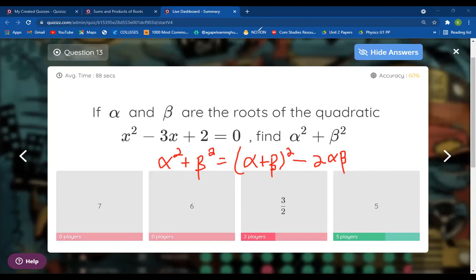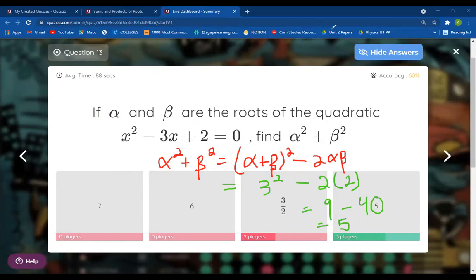So remember that. Alpha squared plus beta squared equals alpha plus beta squared, that's 3 squared, minus 2 alpha beta. This was the question from before. Alpha beta was 2. So 3 squared is 9, minus 2 times 2 is 4. 9 minus 4 is 5. Everybody understand that?